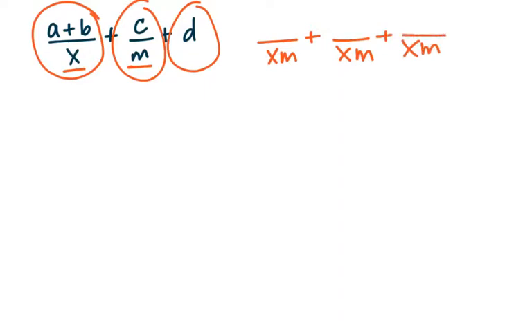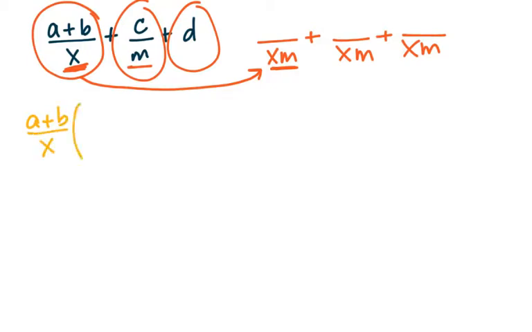with the same denominator. So to figure out the numerator, I'm going to think, how can I transform this first fraction and rewrite it? Well, what changed here is I needed to multiply this x by an m to create x times m. So kind of to the side here, I'll do it in another color.